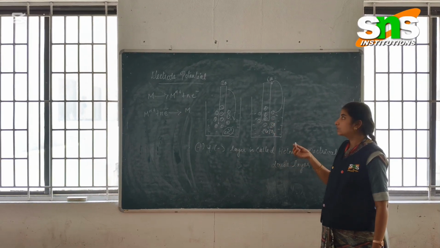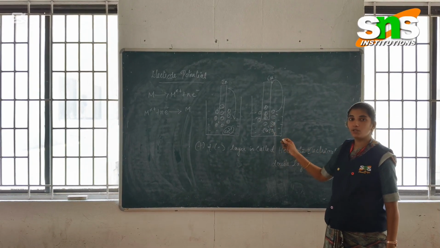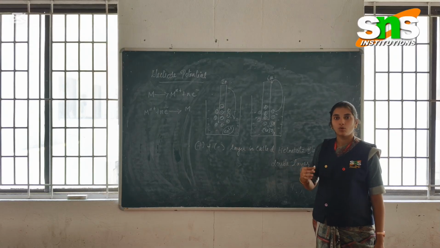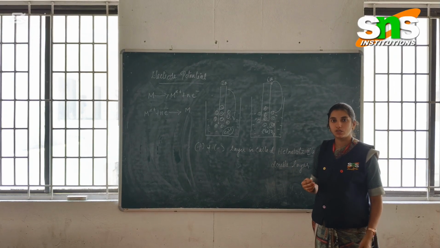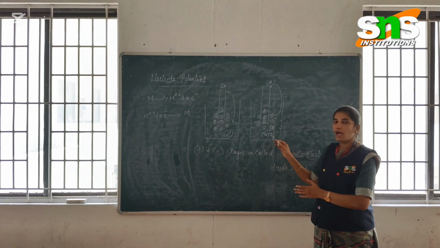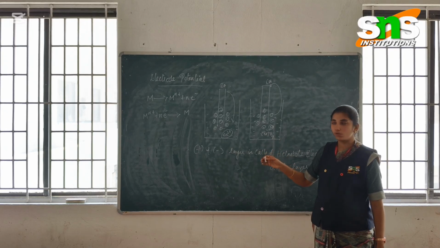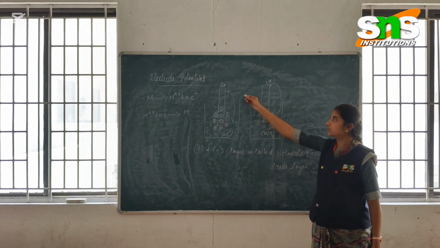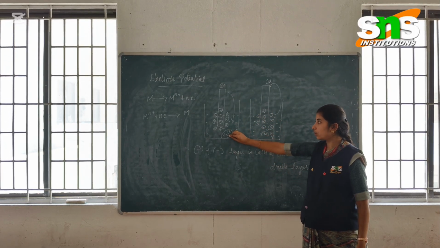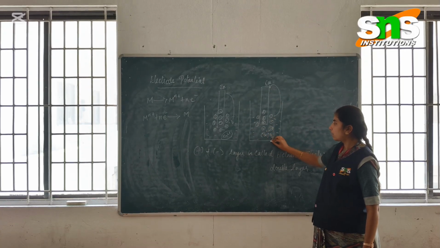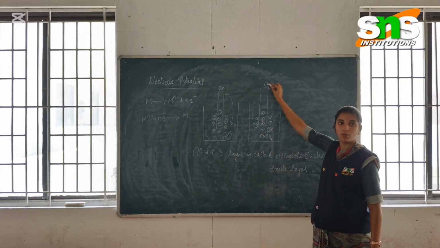Due to this, the zinc and copper electrodes undergo oxidation or reduction. Both processes can be carried out in the electrode potential, with the metal M forming metal ions with the loss of electrons, and the metal ions gaining electrons to form the metal.